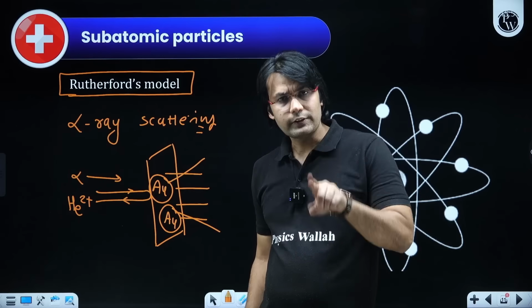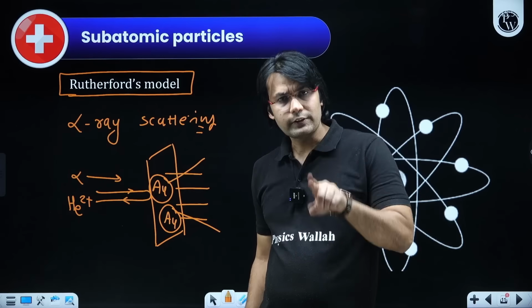If you calculate roughly, taking 6.6 upon 6.6, it rounds off to 1, and 10 to the power minus 34 upon 100 is nearly 10 to the power minus 36. So the wavelength associated will be nearly 10 to the power minus 35.